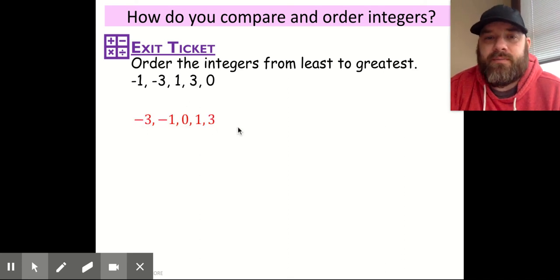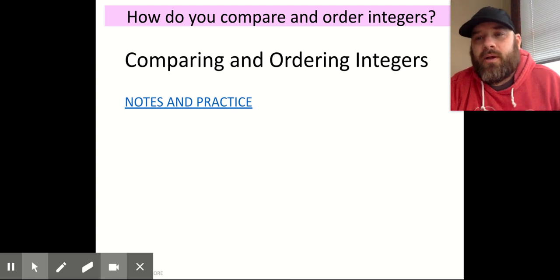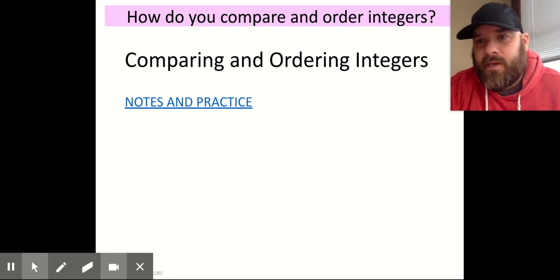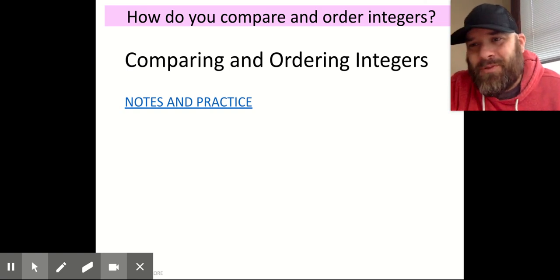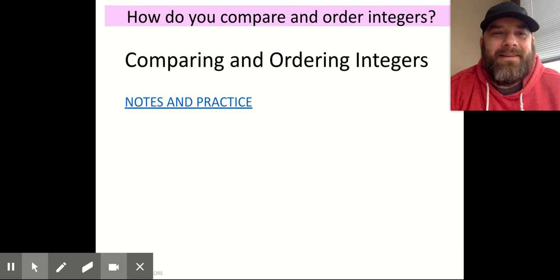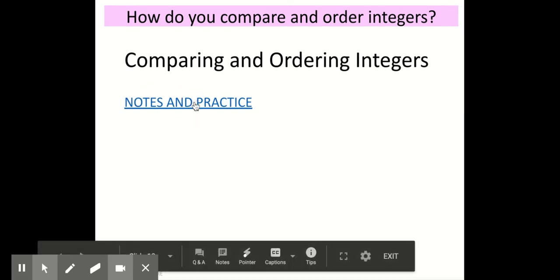So what you will be doing, the assignment part of this, is just doing these notes, which are pretty straightforward. And then there's a little practice there. And then there's a practice sheet with 10 problems. That sheet's worth 50 points. You click on that, you can get to it there. I'll put it a couple places.